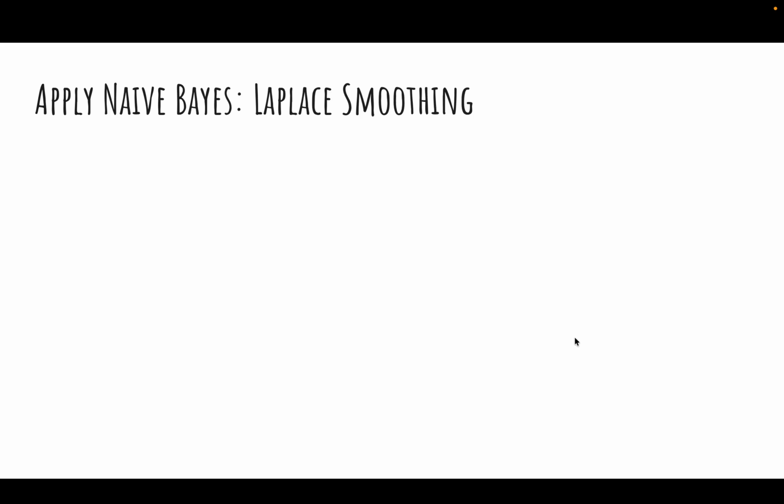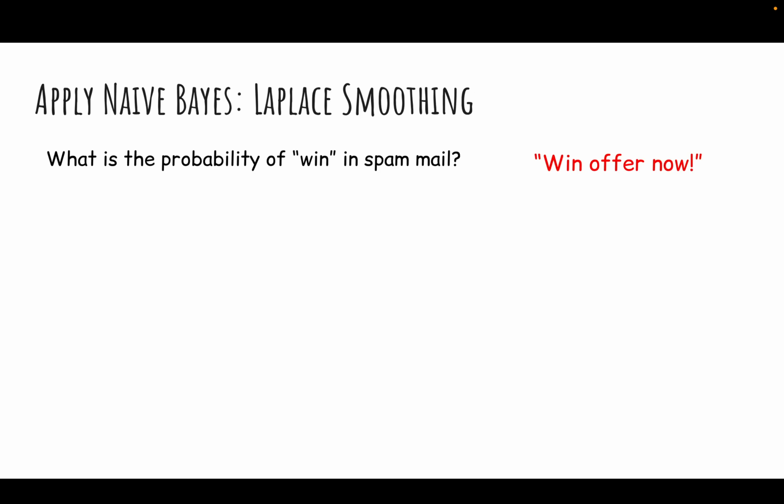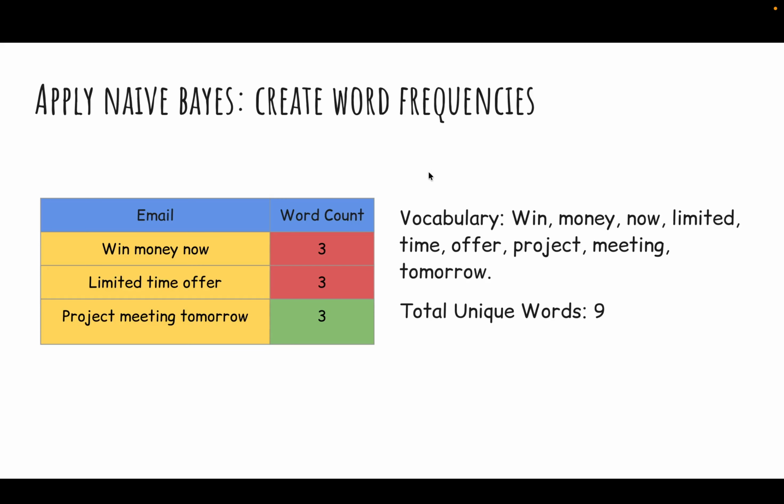Now let's talk about how the words and the label are related with the help of probability scores. This is our input, which is win, offer, now. First, the probability of the word win in a spam mail. We have seen in our data set, if you go back, in this mail we have the word win, and in the rest of the mails we don't have the word win.